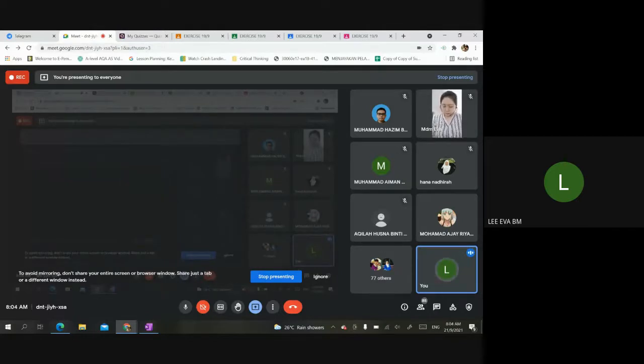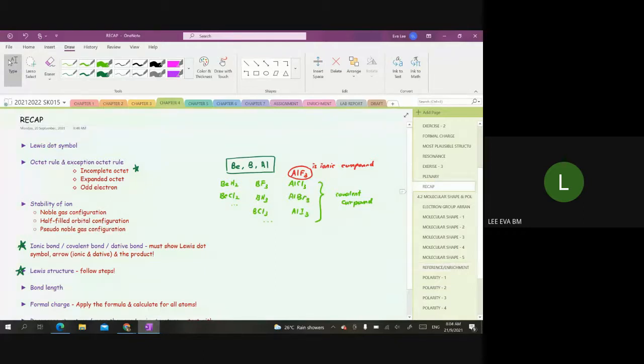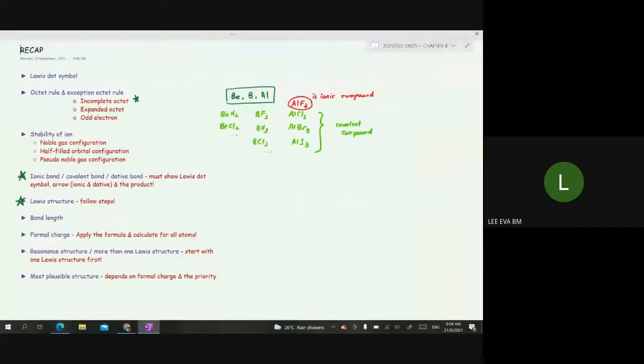Right. So related to our Lewis structure, we do a little bit of recap first and then we go into the Lewis structure. From our last lesson, we have seen our Lewis dot symbol. From your homework, some of you mixed up between Lewis dot symbol and Lewis structure. Remember, the Lewis dot symbol, the very beginning that we use, is for a single element, a single atom.